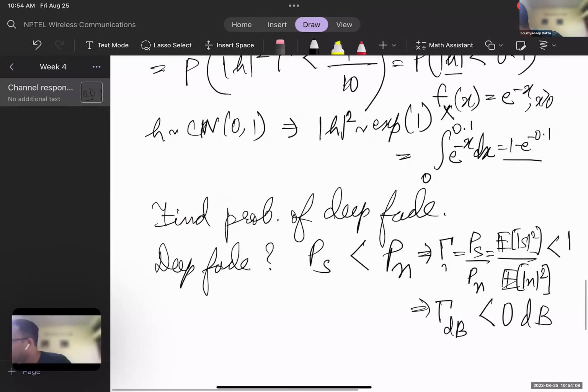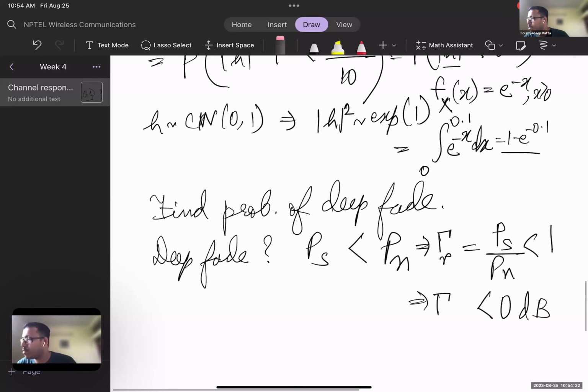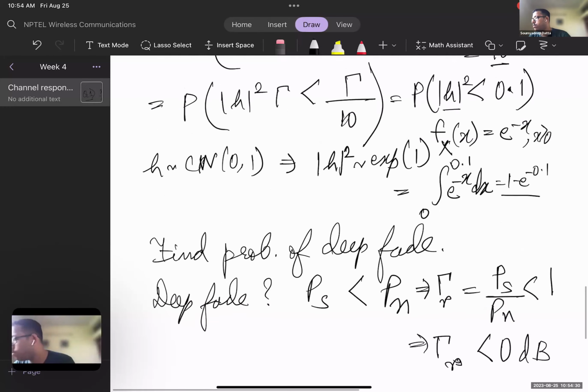Gamma, let me not write this one because it's confusing with the previous problem. So gamma received is signal power received divided by noise power received. This is less than 1. So gamma received has to be less than 0 dB, right?